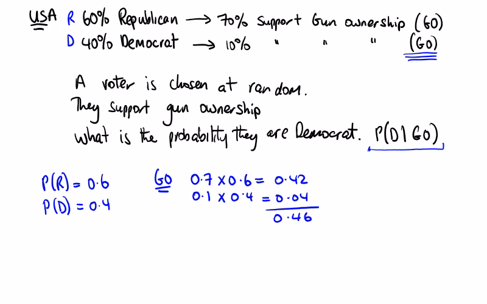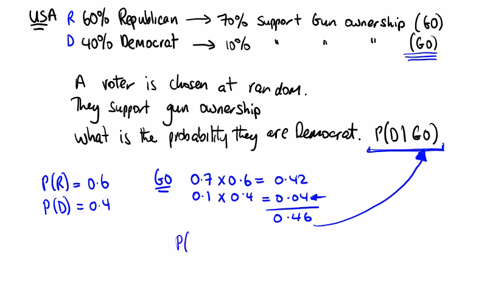So we're asked to find the probability of D given gun ownership. Now, given gun ownership, that 46 we can see is the given gun ownership. So the probability of Democrat given gun ownership is this guy. 4% of the Democrats, or 4% of the total.